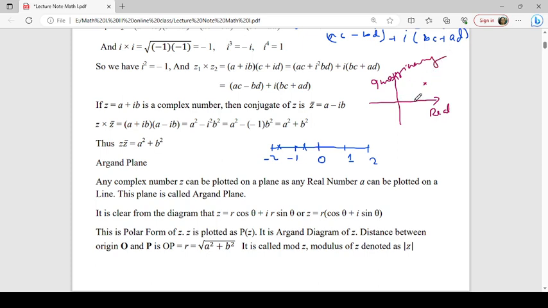When we say a plus ib, the real part goes along the real line and the imaginary part goes along the imaginary line. So if it is a and if it is b, then this point will be a plus ib. This is the representation of a complex number on a plane, and this plane is called the Argand plane.